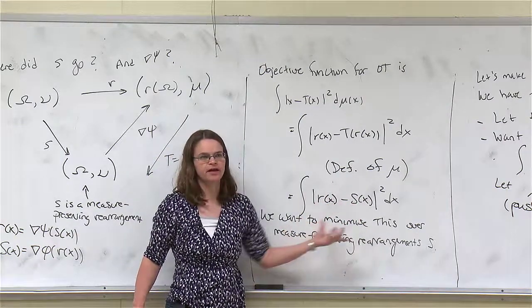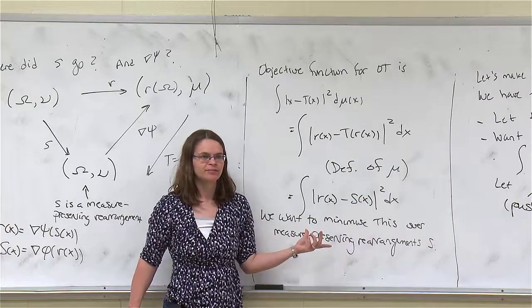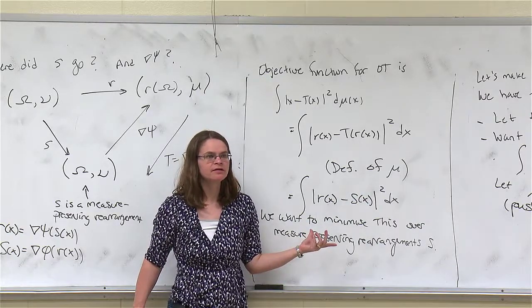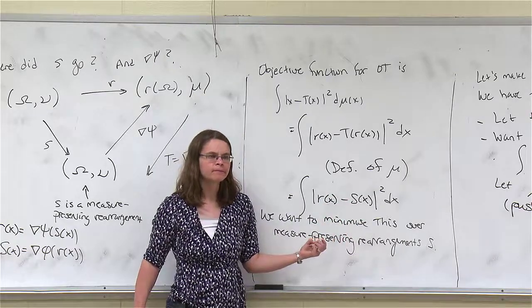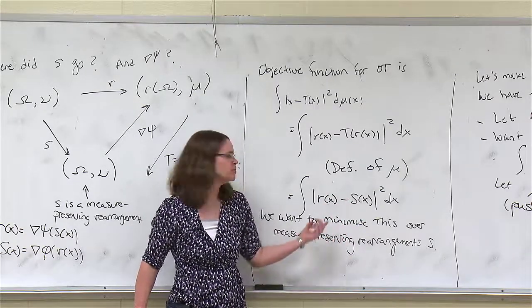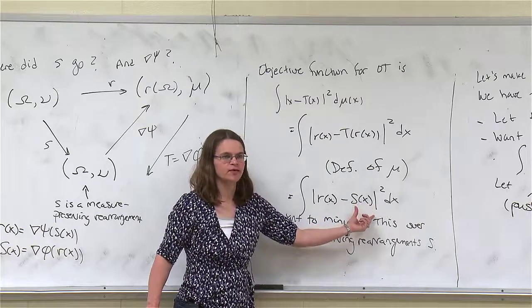What does this look like? If you see objects like this, it's like a metric, or what else? I'm trying to minimize this subject to S belonging to a space that I care about.